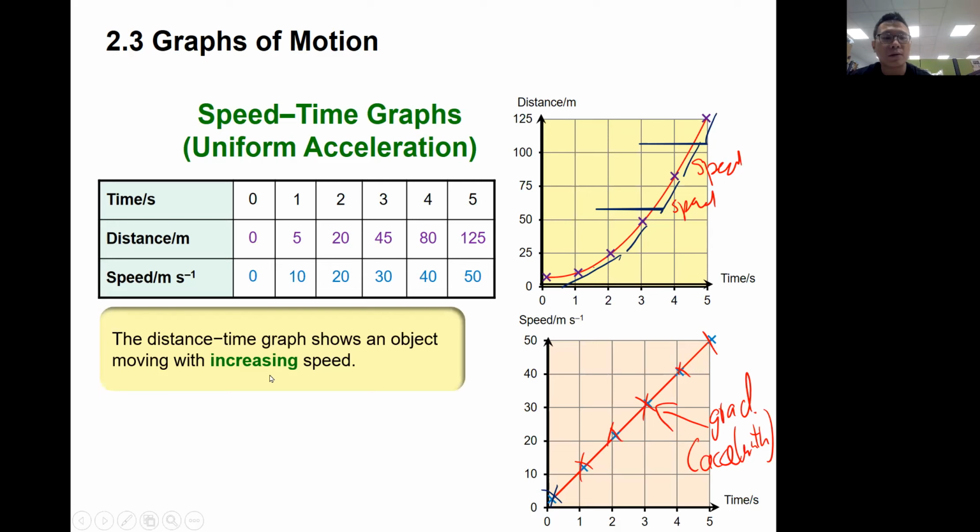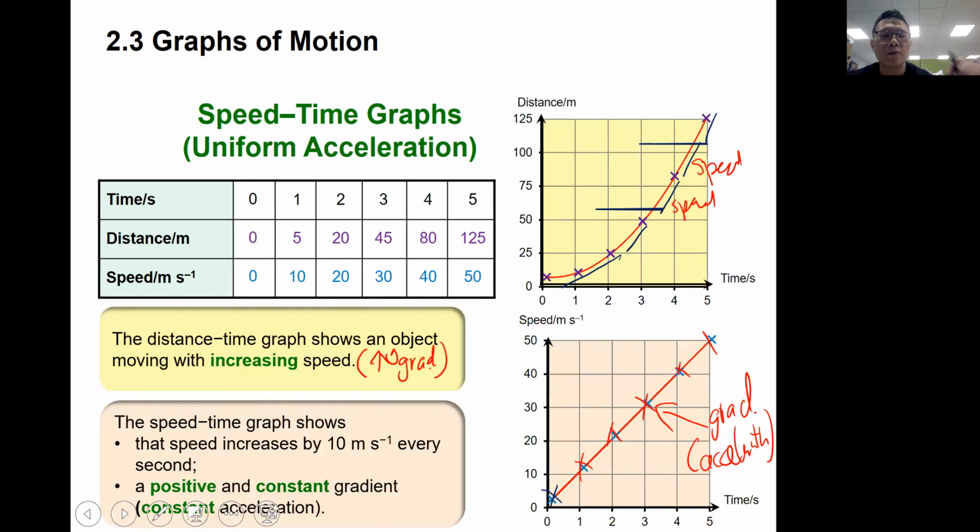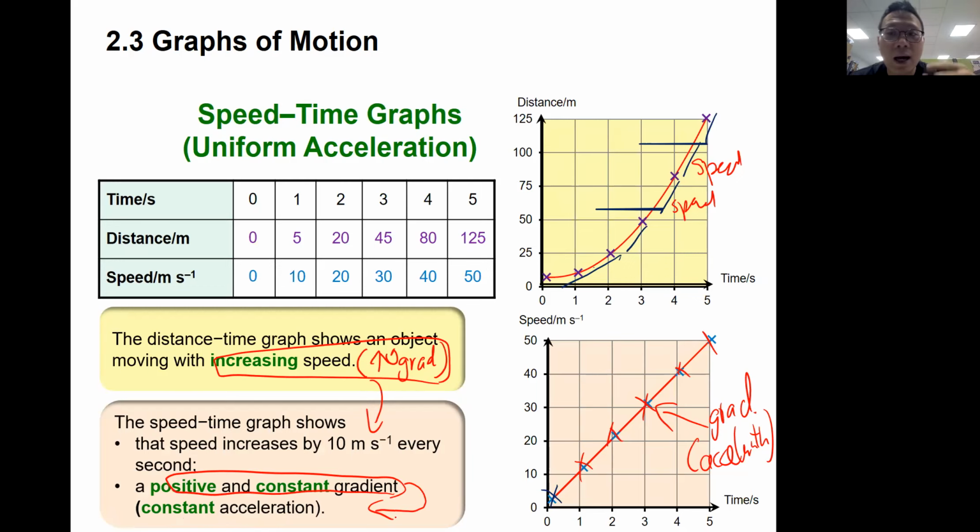If it's increasing speed, or what we call increasing gradient, it means that the speed time graph is actually increasing. And if my speed time graph has a positive and constant gradient, it will mean that my acceleration will also be constant, because the gradient of the current graph gives the information of the next graph.